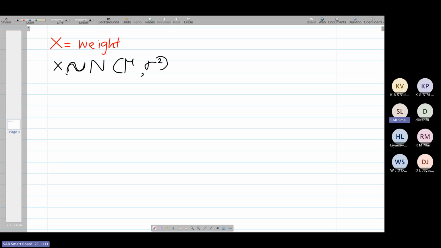Then we assume the values. X is distributed normally. We assume the mu value is 50.